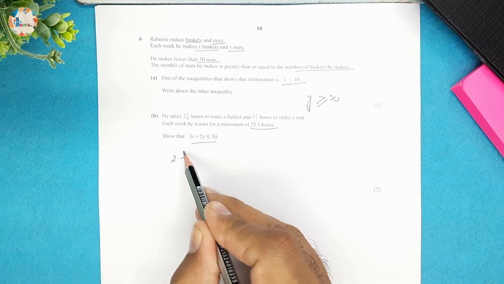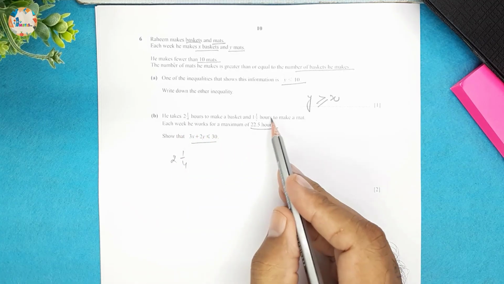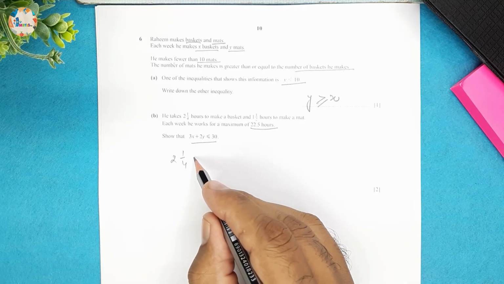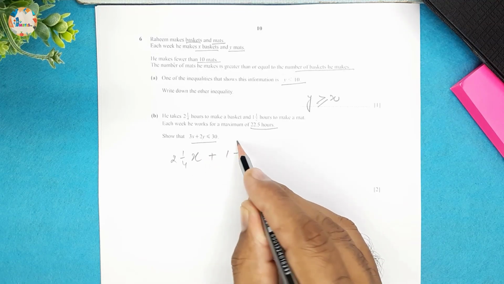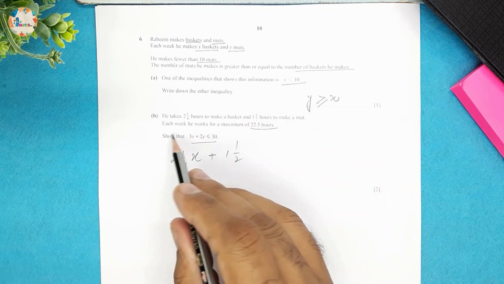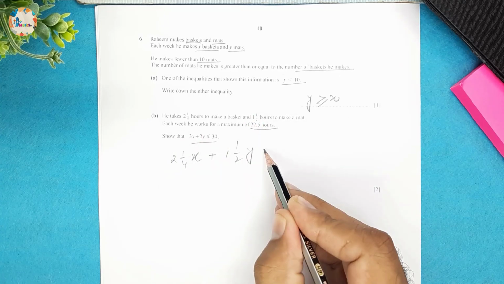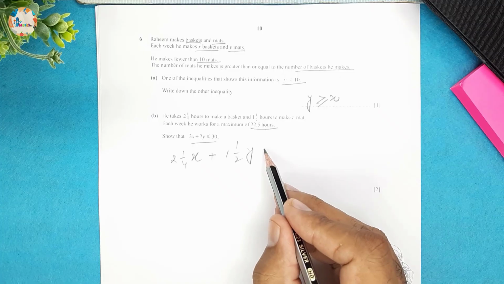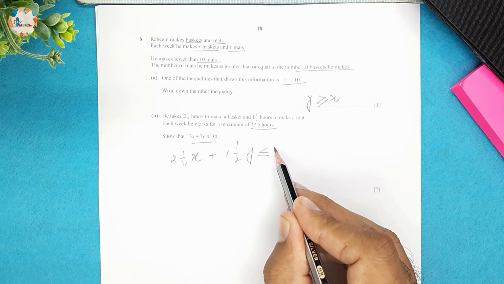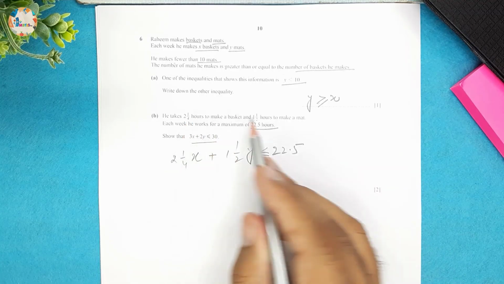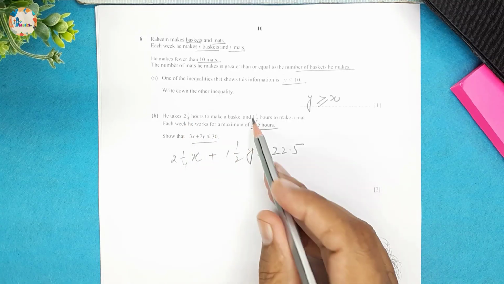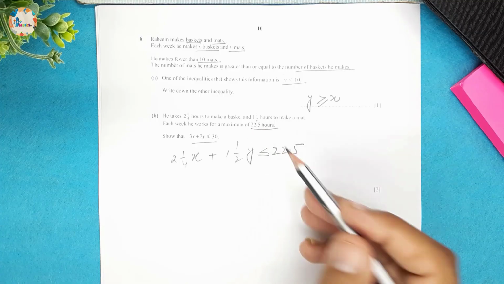So 2 whole 1/4, this is basket, so this into x, and plus 1 whole 1/2, this one is basically y, is less than or equal to 22.5. This is the information.